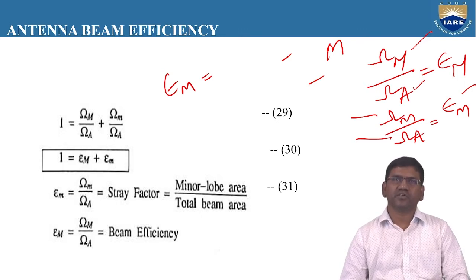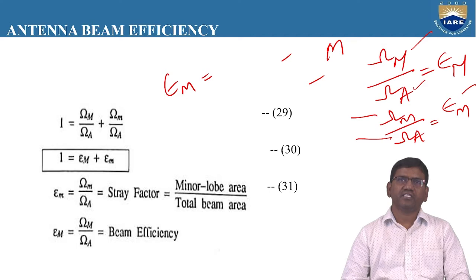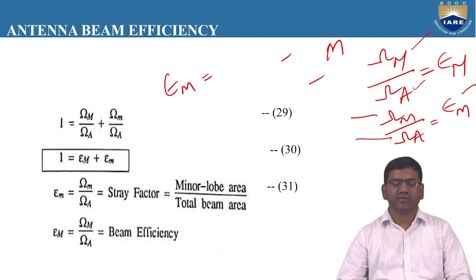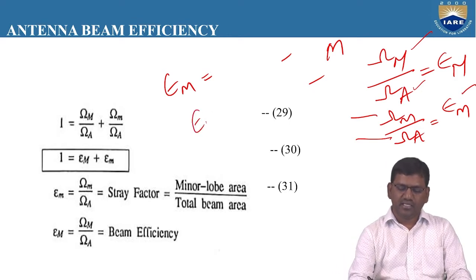The losses that occurred around the antenna, all those losses, we call by the name stray factor. The stray factor is defined as the ratio of the minor lobe area to the total beam area.